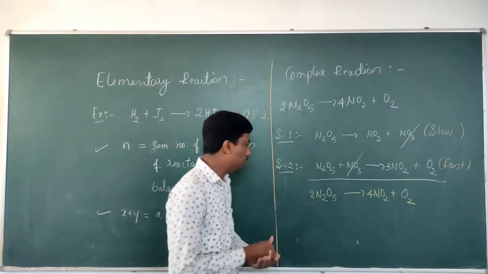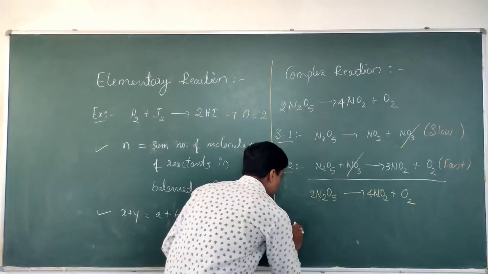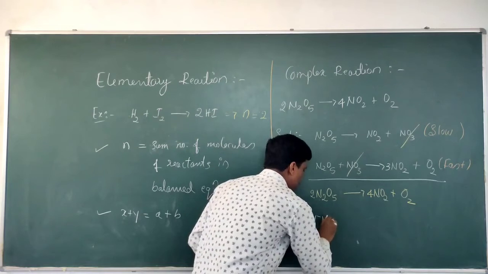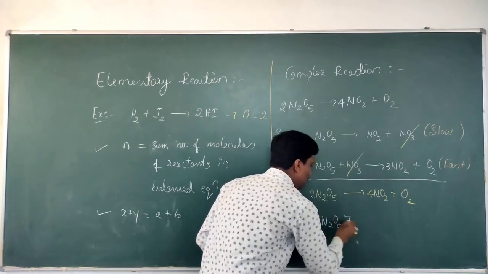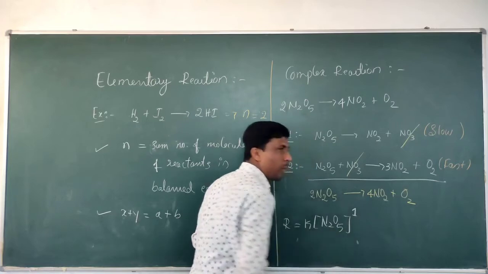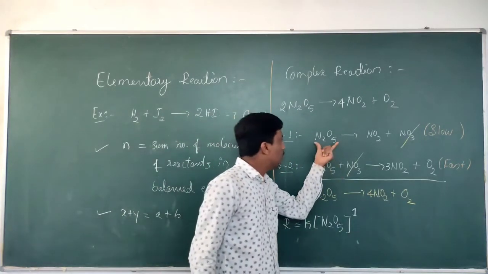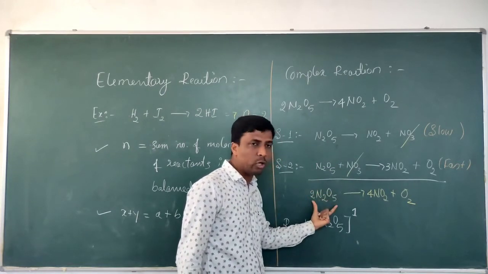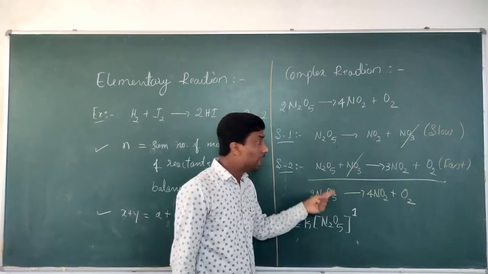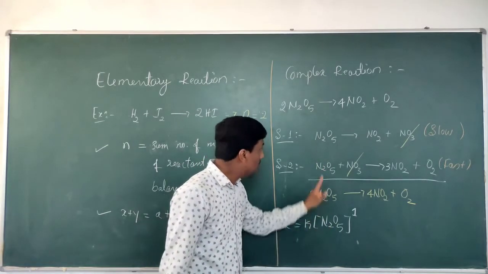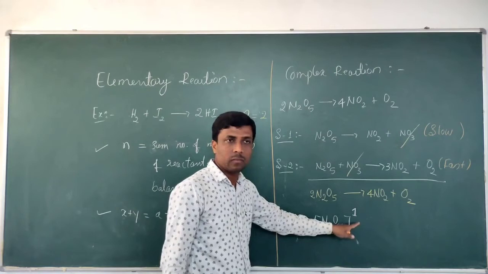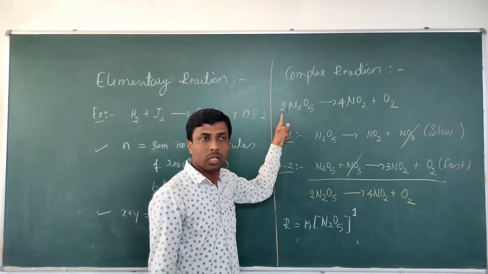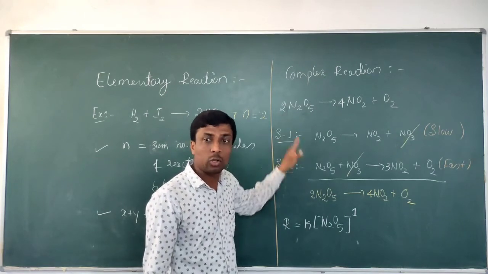Therefore the rate is given by, for this reaction, R is equal to K into the molar concentration of N2O5 raised to the power 1. Why? In a slower step, only one molecule of N2O5 is there. But totally in the reaction, 2 N2O5 molecules are used. But in the slow step, only one N2O5 molecule is there. Therefore, the order of the reaction is 1, not 2. Stoichiometric coefficient is not the order of the reaction, ಅದು 1 actually.